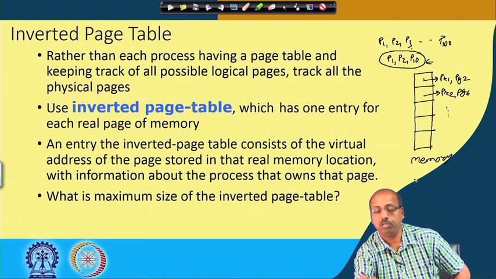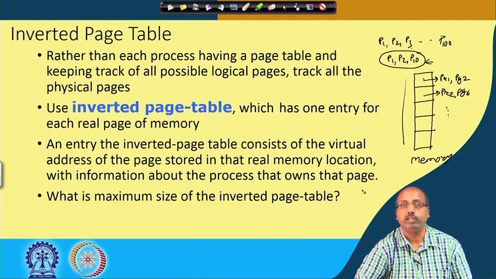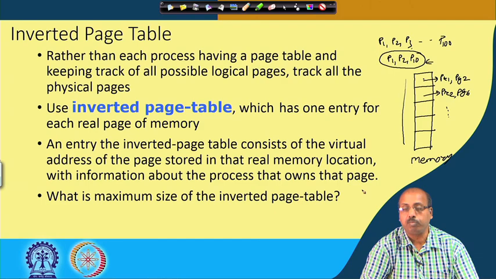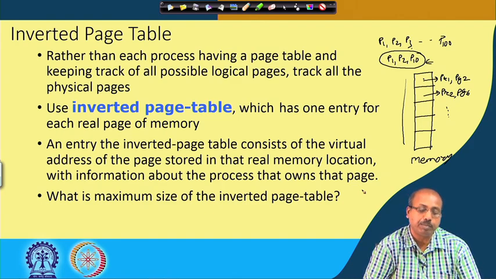Then I have to remember information only equal to the number of frames that we have in the physical memory. We are not storing any additional information spanning over all the processes. We are storing it frame wise instead of process wise; we are storing the page table frame wise.